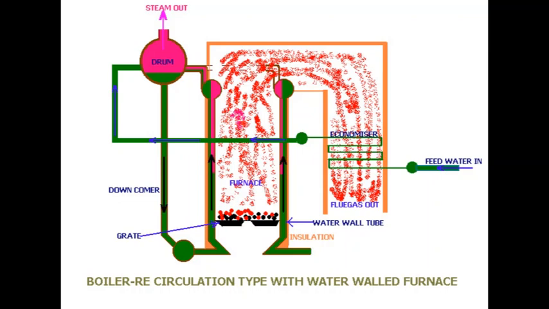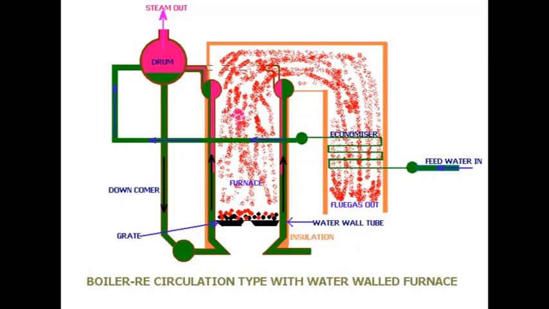In the next phase of water tube boiler development, it was observed that the quantity of steam generated by the heat absorbed in the bank tubes and the amount of heat wasted is significant, and therefore to minimize this heat waste, the concept of water walling of the furnace came up.